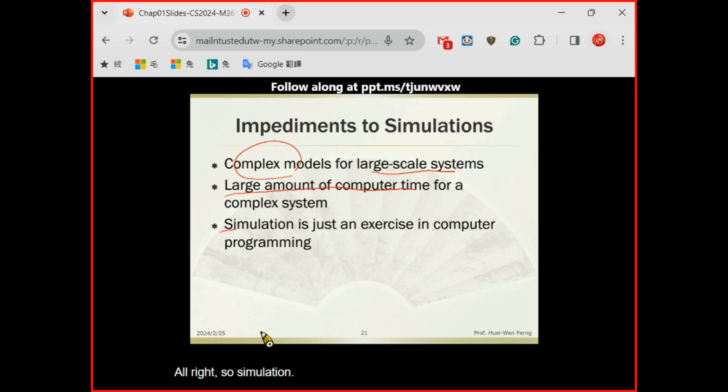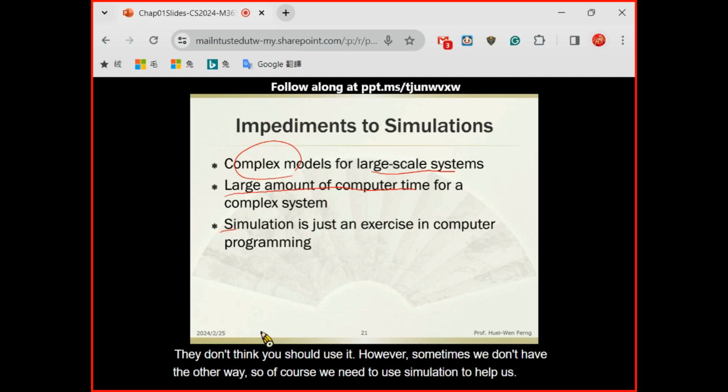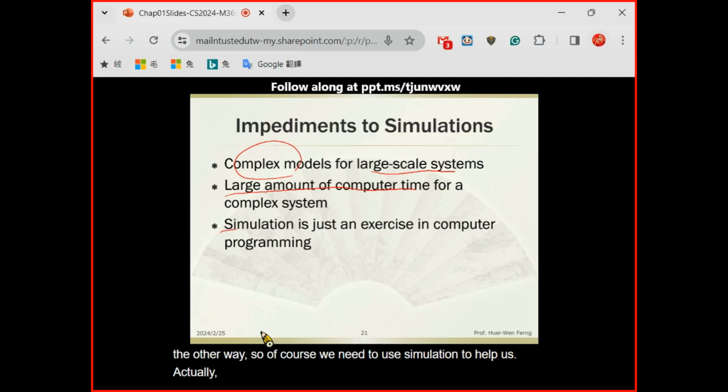All right, so simulation. Some researchers think it's just an exercise. They don't think it's a rigorous tool. Therefore, they don't think you should use it. However, sometimes we don't have another way, so of course we need to use simulation to help us. Actually, we have two major impediments here: a complex model for a large-scale system, and a large amount of computer time for the complex system.